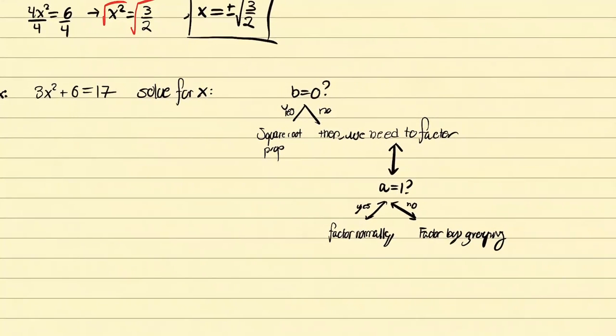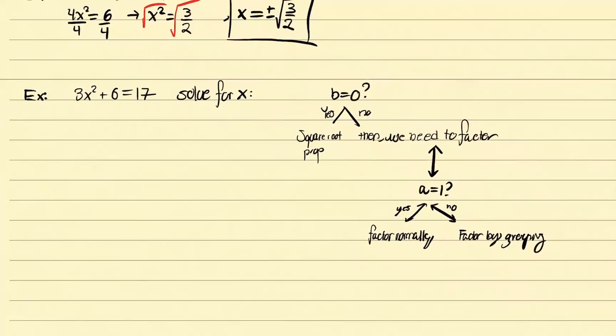So let's look. Is b equal to 0? Any idea? Yes, b is equal to 0 because a regular x term doesn't appear in this equation. There's just an x squared term. So since b is 0, let's just use the square root property.